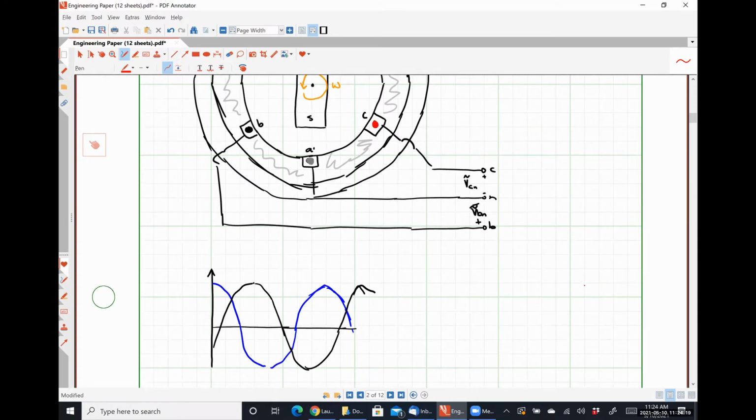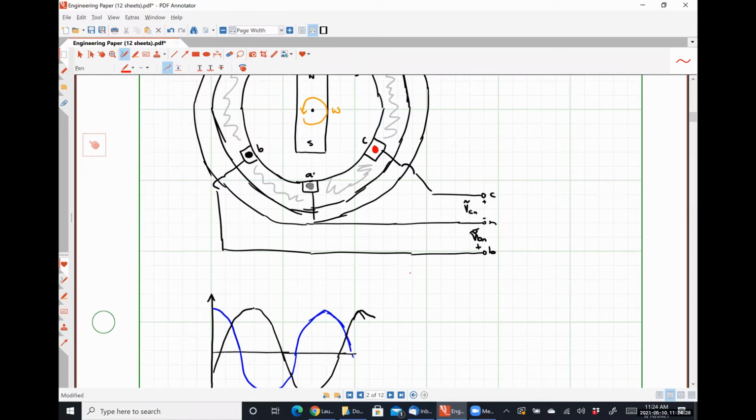So I would say that in this system, with omega drawn in this particular direction, B is lagging A by 120, and C is lagging B by another 120.